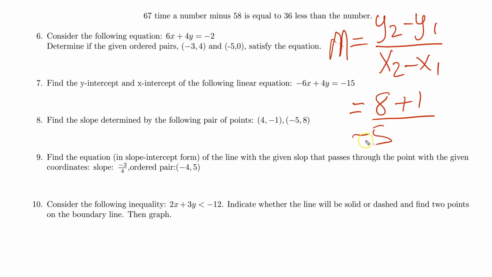Negative 5 minus 4. So here on the top, this is a 9. Here on the bottom, that's a negative 9. And a positive divided by a negative gives me then a slope of negative 1.